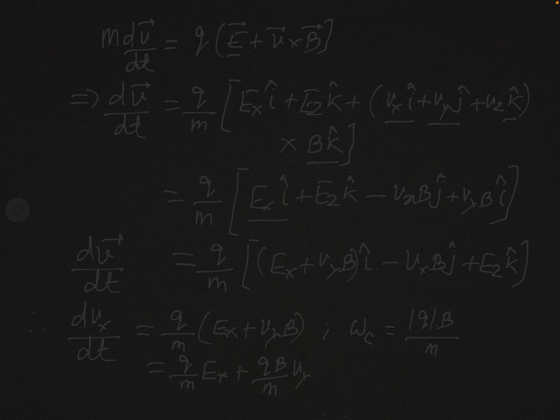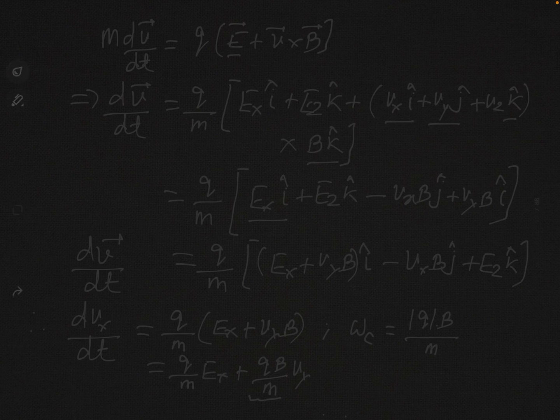Here this qB by m will be equal to plus minus omega c, because this q may be plus or minus. So in accordance with the sign of the charge of the plasma particle, this term qB by m may be replaced by plus minus omega c.